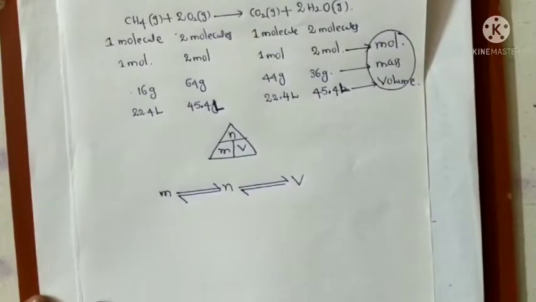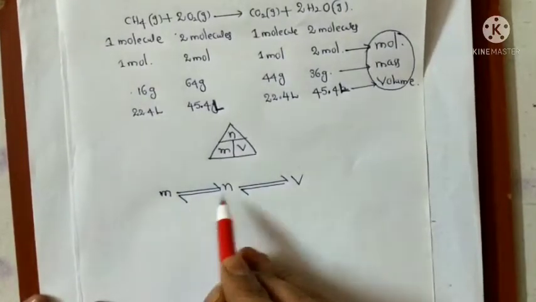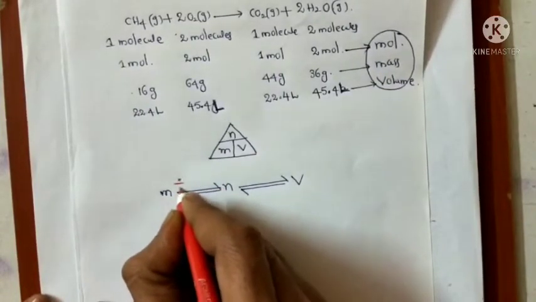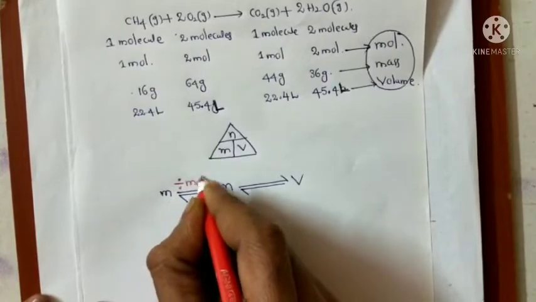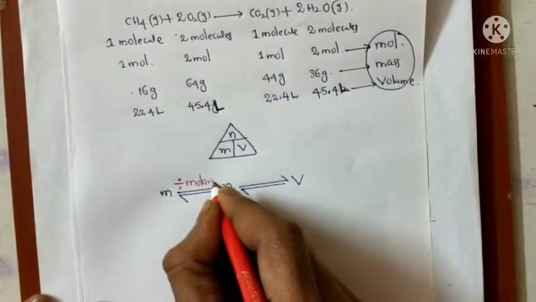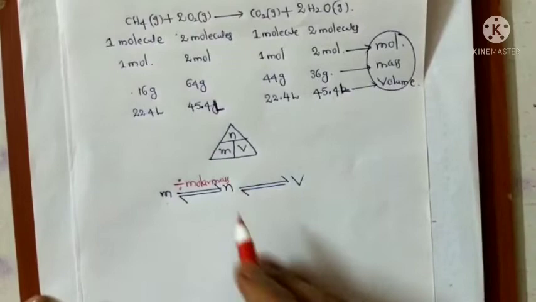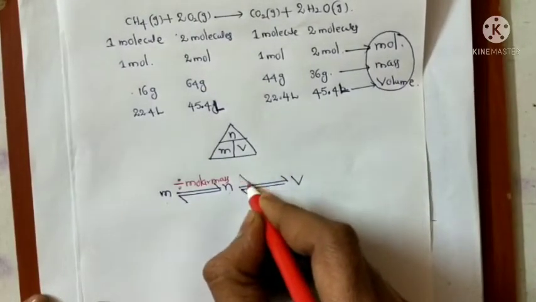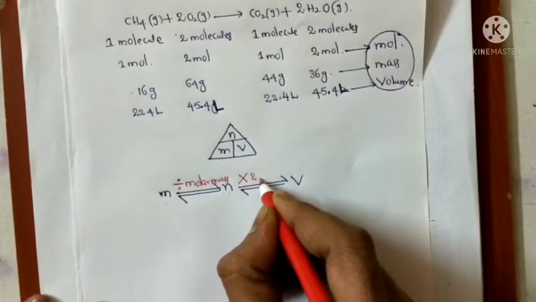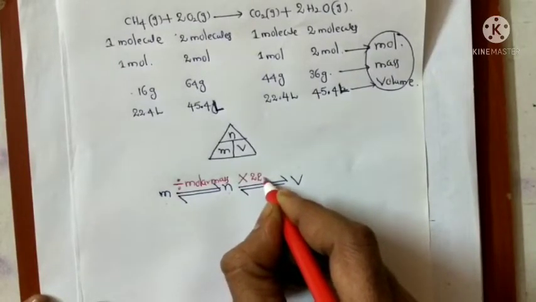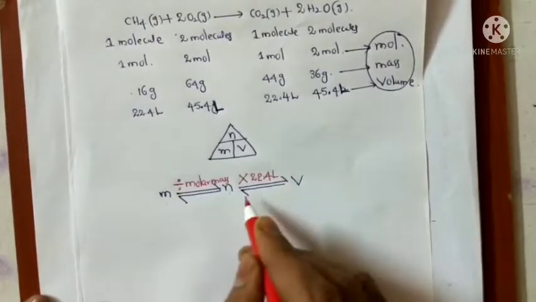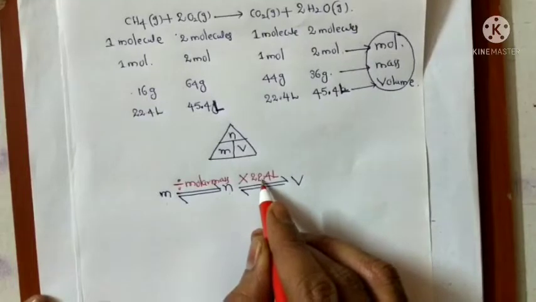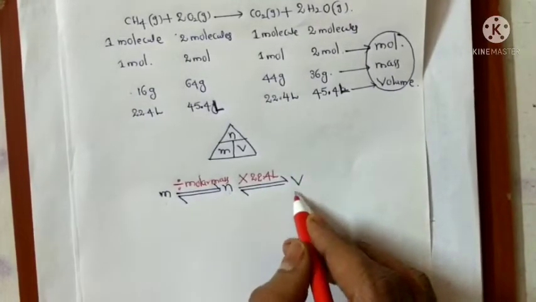Whenever we convert mass into number of moles, we divide by molar mass. If the number of moles is converted into volume, we multiply the number of moles by 22.4 liters to get the occupied volume.